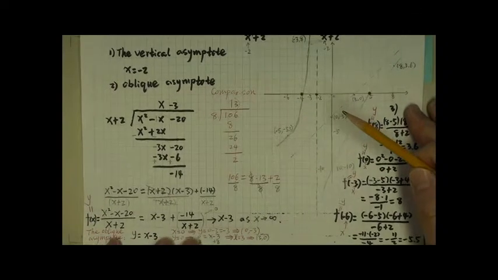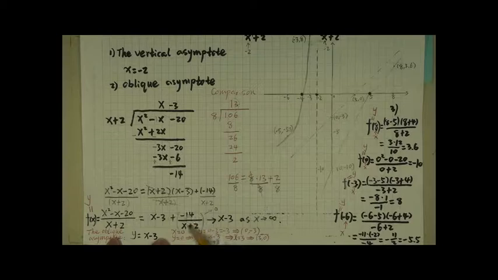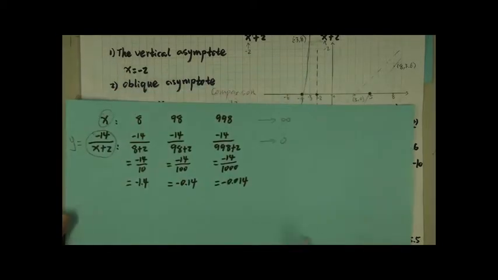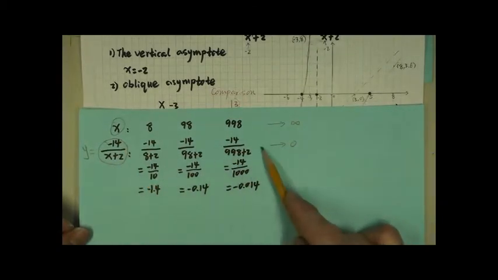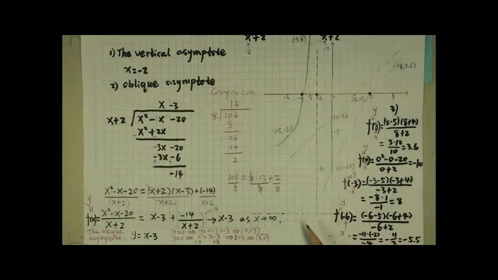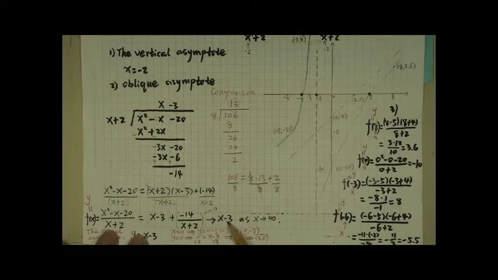Previously we said, recall, when x goes to infinity, this one goes to 0. That's what we wrote here. x goes to infinity, you have this quantity goes to 0. So x goes to infinity, this big quantity goes to 0. Then you have x minus 3 left, because this one is close to 0. You don't need to count it.